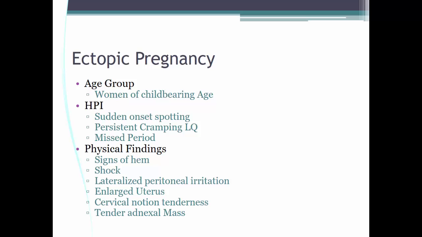Now, the major age group, of course, is the childbearing ages. Etiology and risk factors: risk particularly increases if the patient has had a prior ectopic pregnancy, a history of pelvic inflammatory disease, prior abdominal or tubal surgery, or tubal ligation.